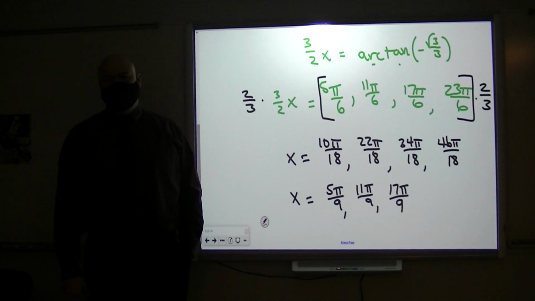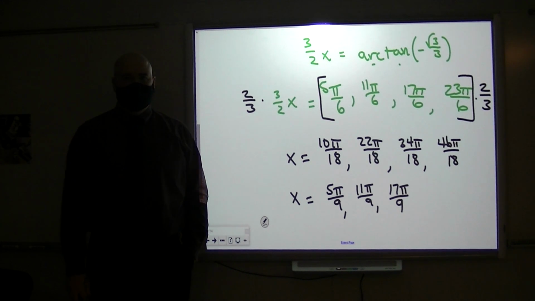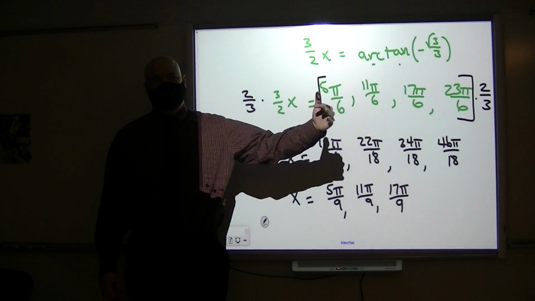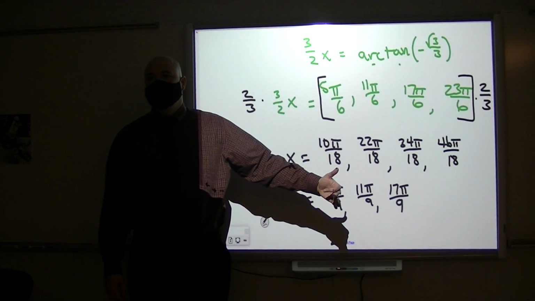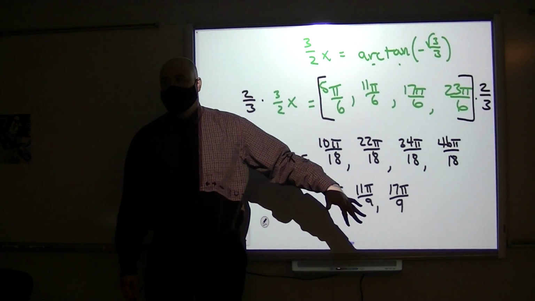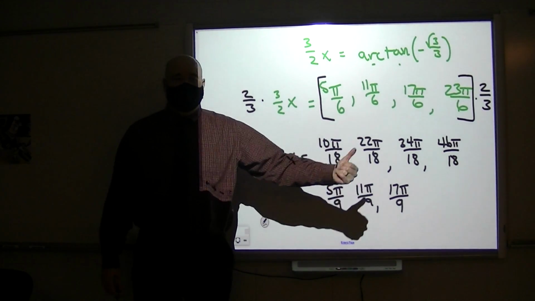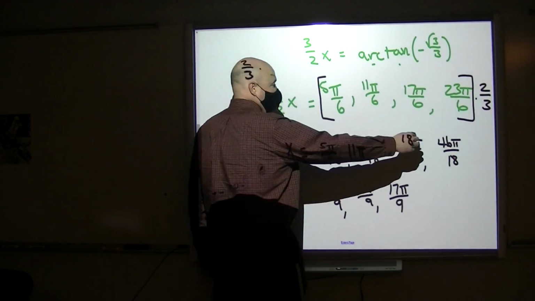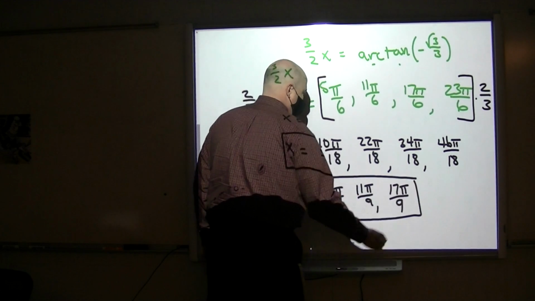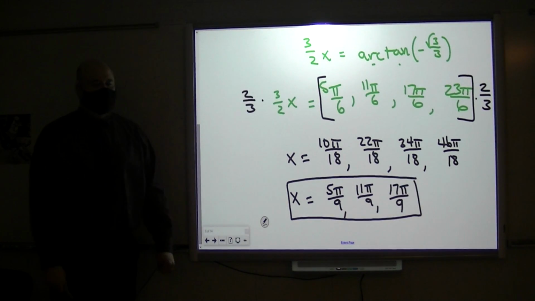How many ninths is 2 pi? 2 pi is equal to blank over 9. 18. Right? We just doubled the denominator. So I've got to stop short of 18 pi over 9, so I'm definitely sure that's not going to cut it.